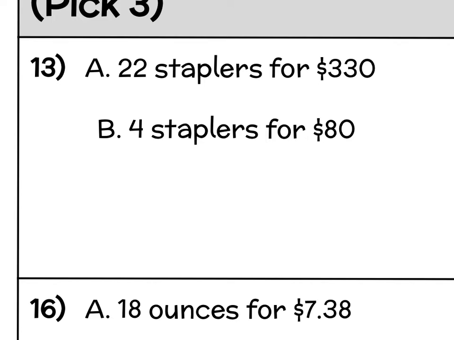So what we're going to do is set up a ratio or a fraction with our money on top and our staplers on the bottom. I'm going to do that for both A and B. So I'm going to have $330 on top over my 22 staplers.